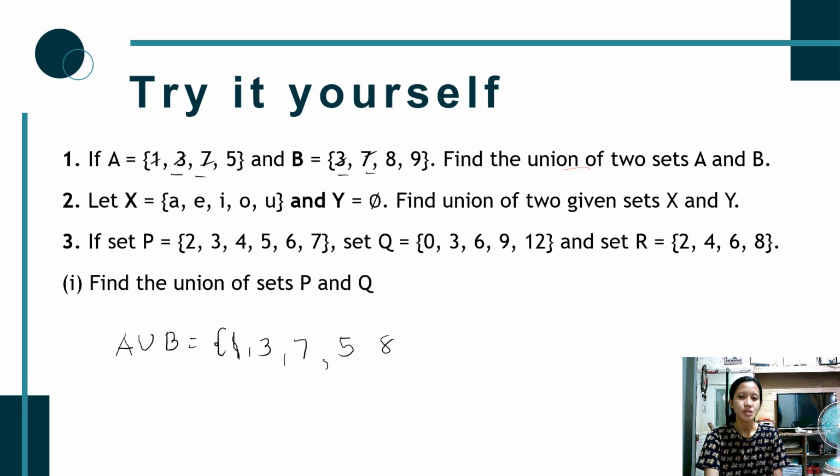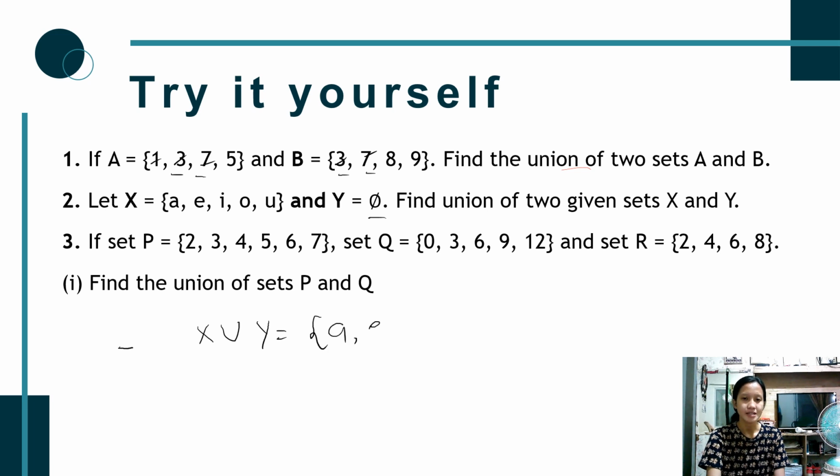Let's try our second example. Let X be equal to A, E, I, O, U, and Y is a null set. Find the union of the two given sets. The elements of X union Y, given that Y is a null set, are A, E, I, O, and U. Because we have a null set, meaning there are no elements.